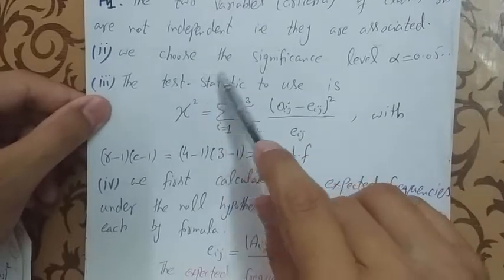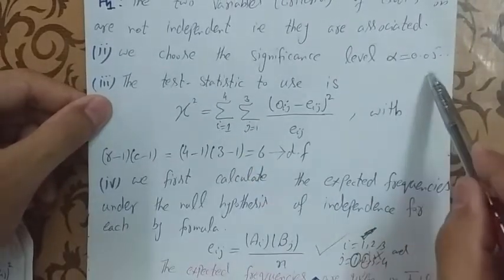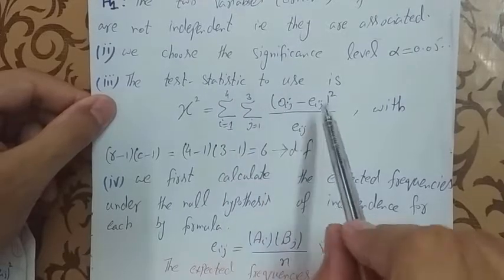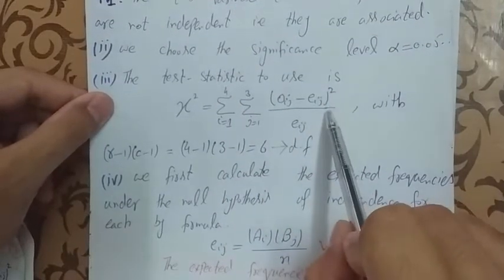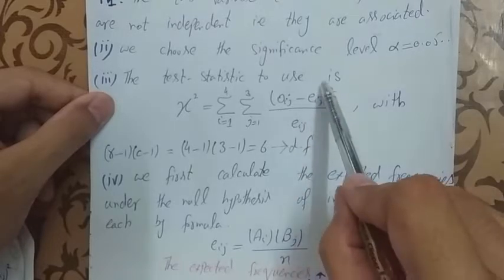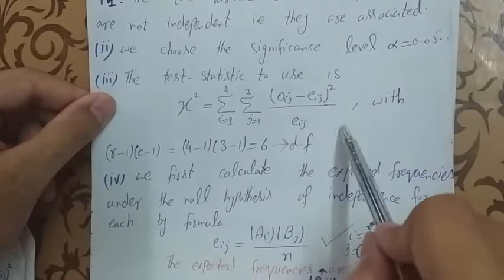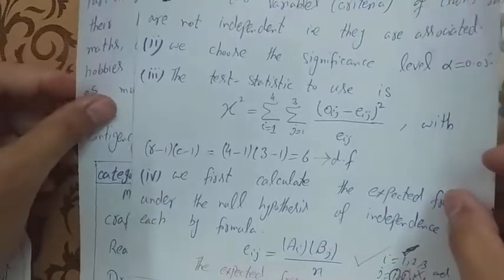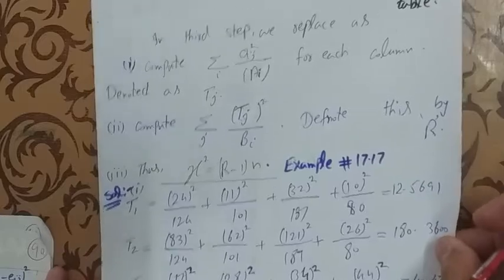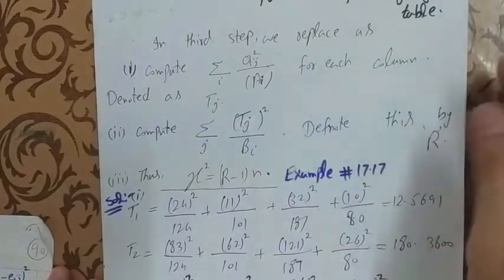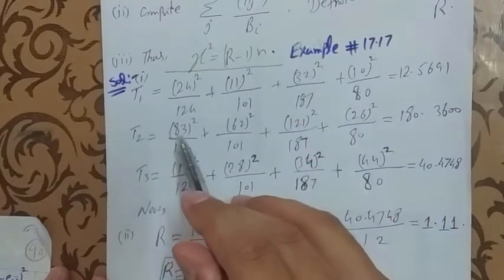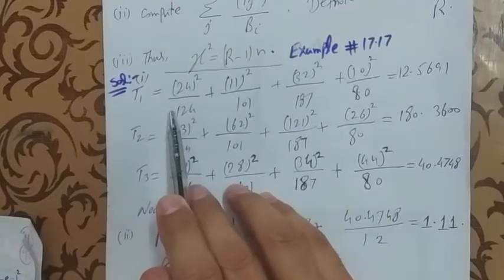In the second step, choose the significance level alpha equal to 0.05. In the third step, in the previous video we applied a different formula, but here, instead of that formula, we use the alternative formula which we studied. Now this is the third step, the test statistic.